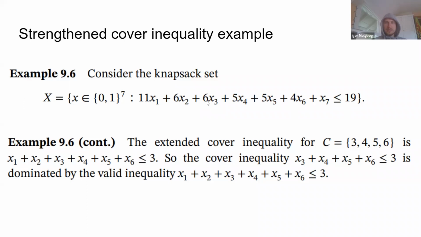So 11 is greater than 6, it's greater than 5, it's greater than 5, and greater than 4. Therefore, 1 is going to belong to the extended cover, E of C. Here we can see that 1 belongs there and 2 also belongs there, because 6 is greater than or equal to everything else. Therefore, our new inequality is x1 plus x2 plus x3 plus x4 plus x5 plus x6 is less than or equal to 3, which is a better inequality than just x3 plus x4 plus x5 plus x6 less than or equal to 3.